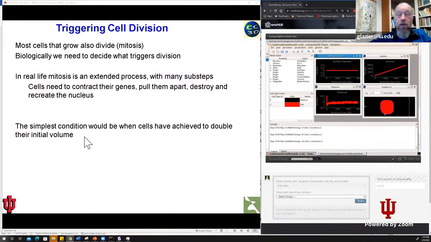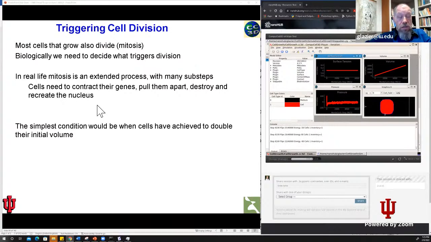Again, as we pointed out, mitosis is an extended process, and it's not always complete. Cells can separate their chromosomes without separating their cytoplasm. And cells that partially divide and leave a bridge of cytoplasm between the two offspring are pretty common.